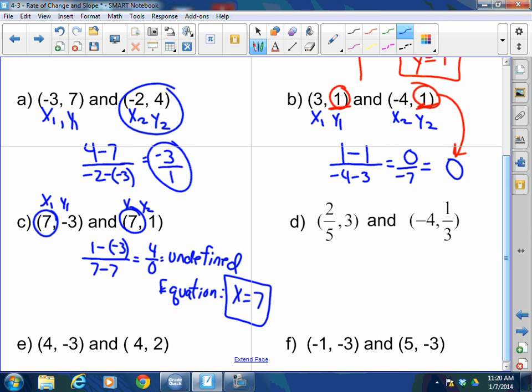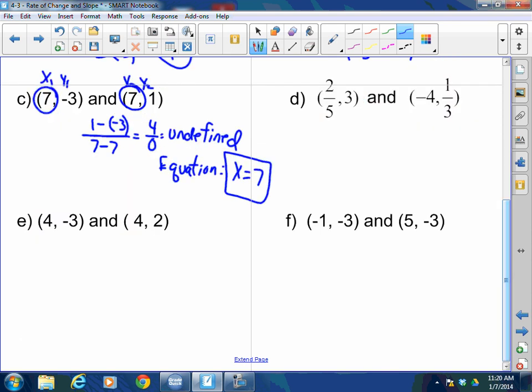Now, your nemesis, I know: fractions. Ooh, too bad. x1, y1, x2, y2. y2 minus y1 over x2 minus x1. Okay, what do we have to find in order to add these? Common denominator, thank you.